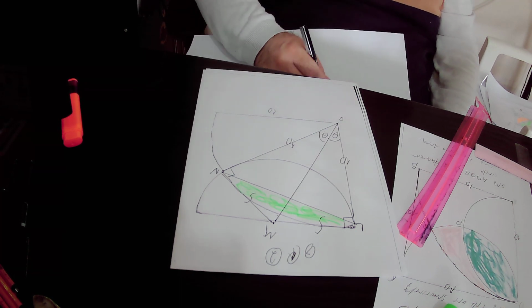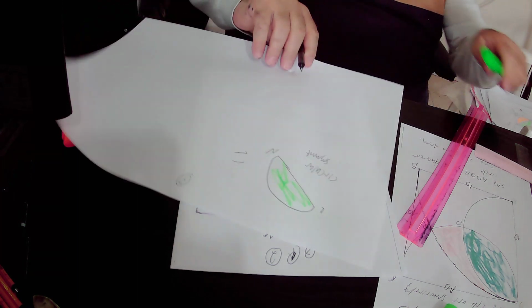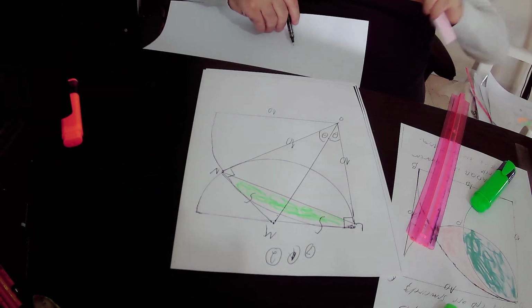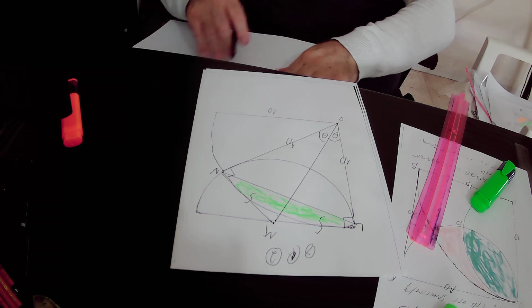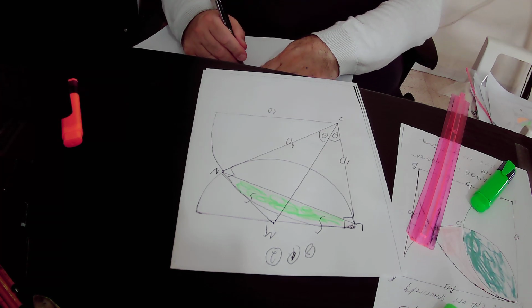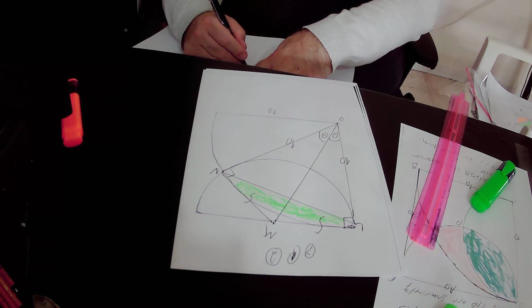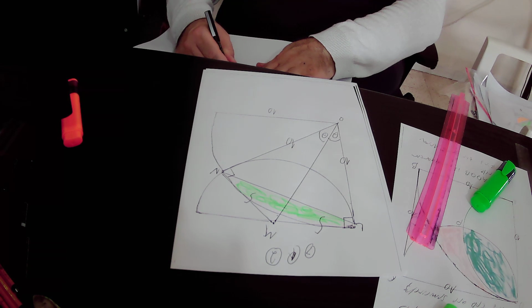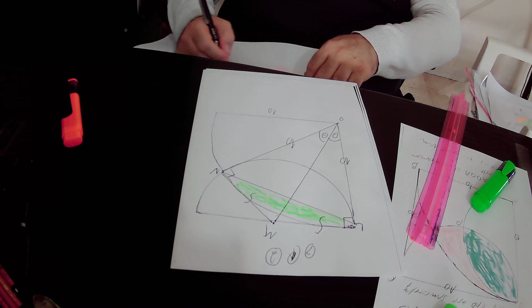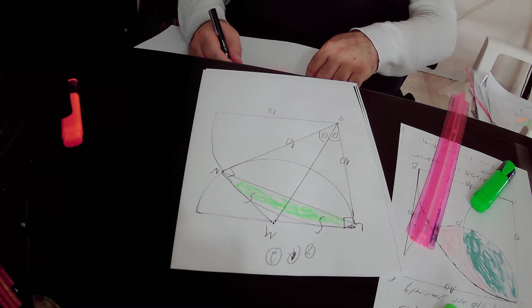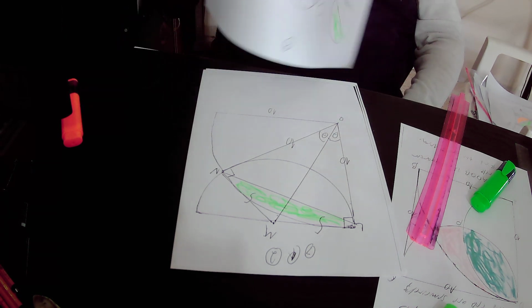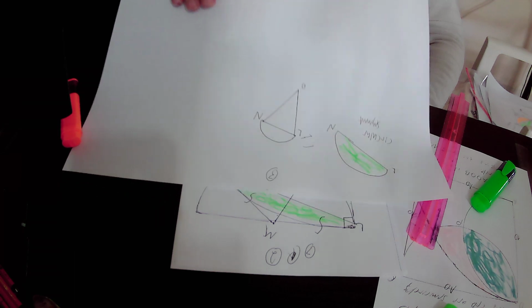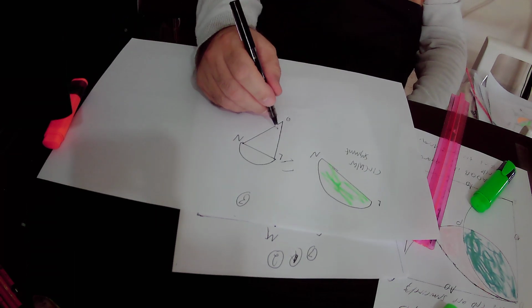So it will be equal to the area of sector LON. This is sector LON. The angle between its legs is theta plus theta, which is 2 theta.